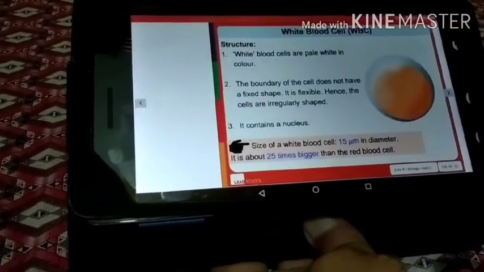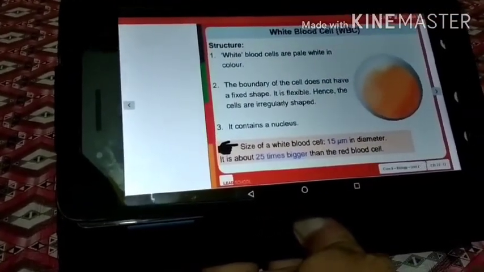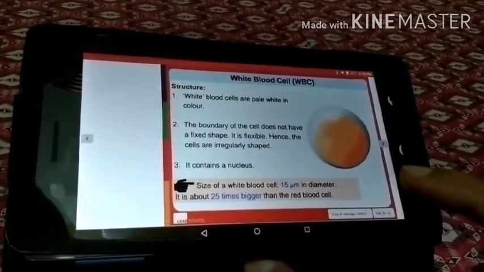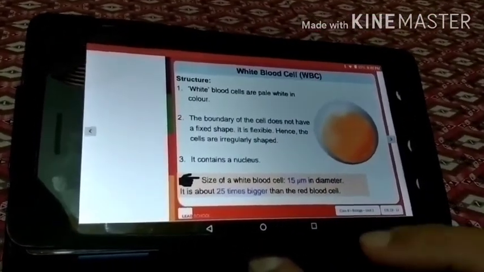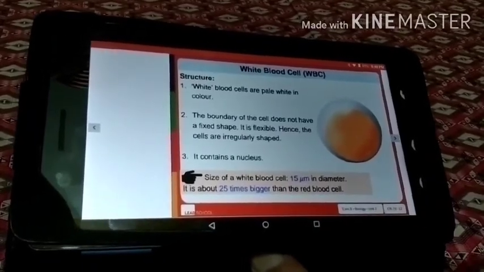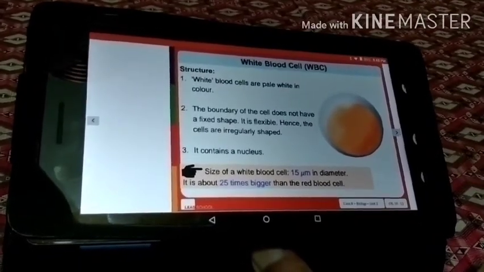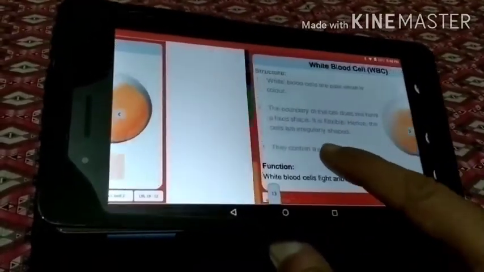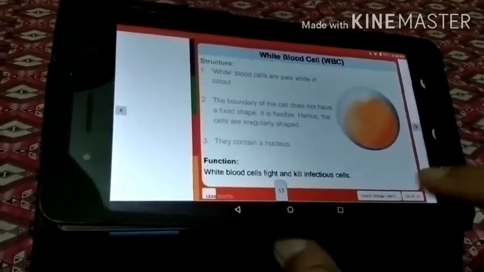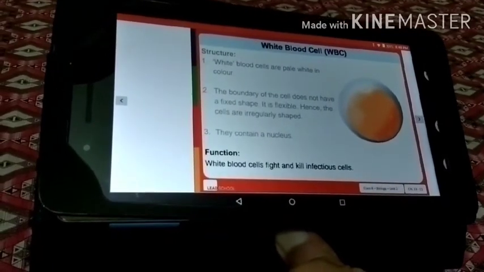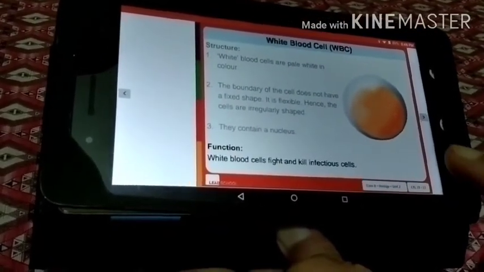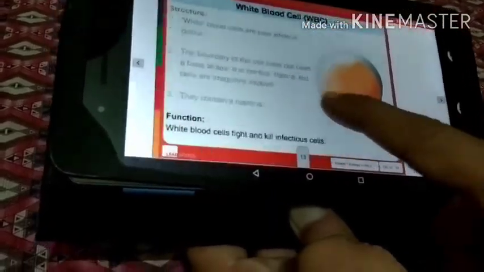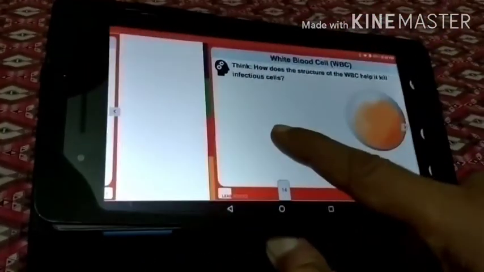It contains a nucleus. Size of a white blood cell is 15 micrometer in diameter. It is about 25 times bigger than the red blood cell. Function of the white blood cell is it fights and kills the infectious cells.